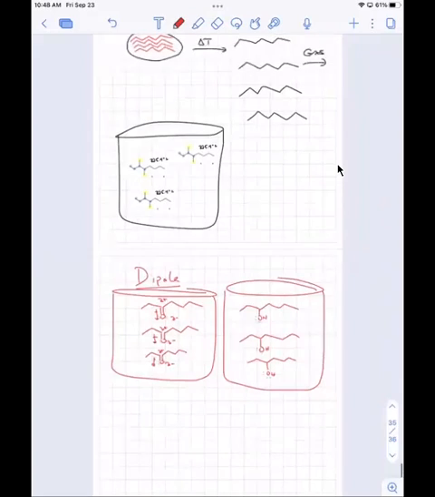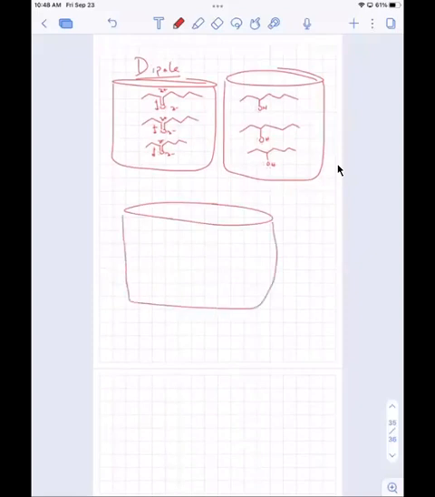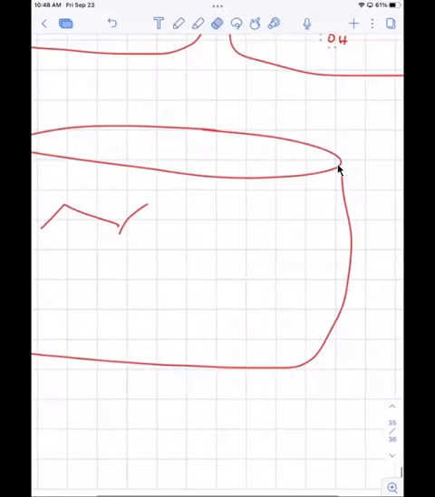All right. And then what was the other one? Fluorine. I don't remember where it was, but it doesn't matter.